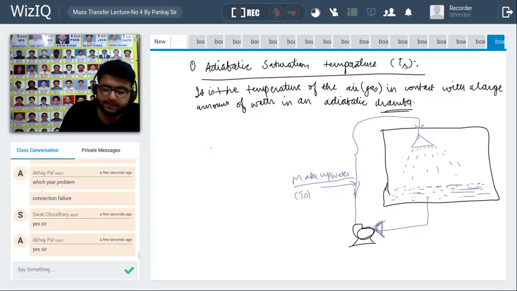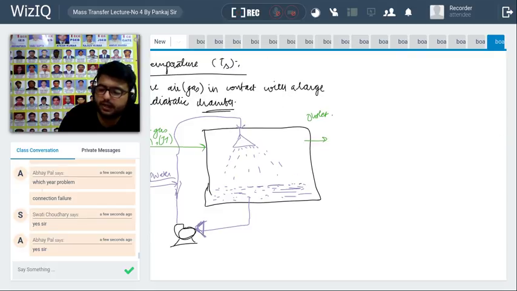And let the gas be with green. So this is the inlet gas at temperature T and at a humidity of H. This gas will be in contact with a lot of water which is being sprayed through these nozzles, or you can say sprayer or fountain, and that changes the humidity and temperature of the gas.